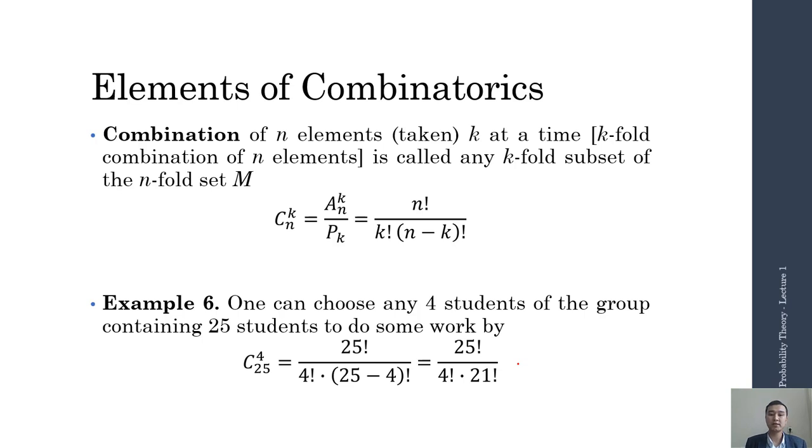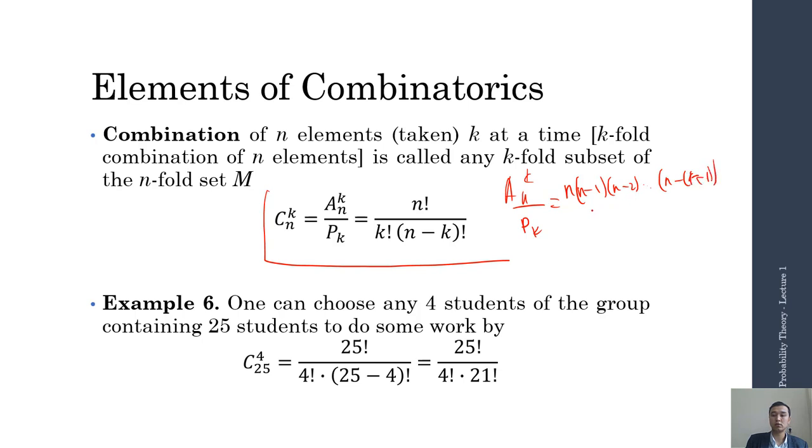The next one is combination of n elements taken k at a time. A k-fold combination of n elements is any k-fold subset of the n-fold set, which is calculated using this formula. Here we have the arrangement of n and k divided by Pk, where the arrangement is n times n minus 1, n minus 2, up to n minus k plus 1, divided by k factorial.